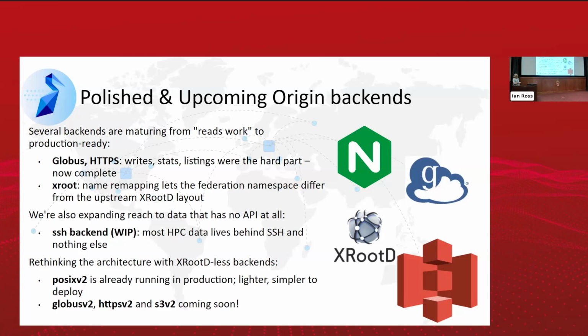And then we're also now working on Globus v2, HTTPS v2, and S3 v2. Those are coming soon. I don't think they've been merged into the code base, but POSIX v2 is there and ready to try if you're a brave soul and are interested in living in an xrootd-free Pelican world.